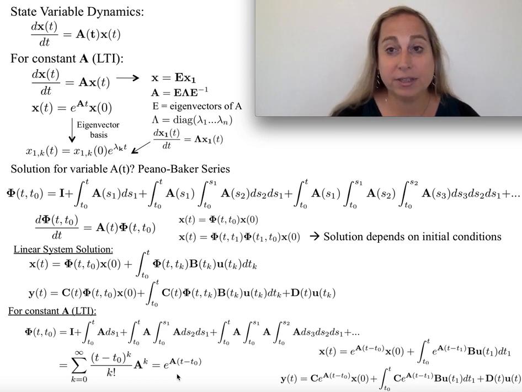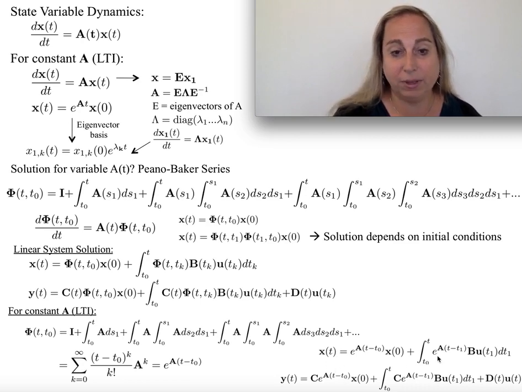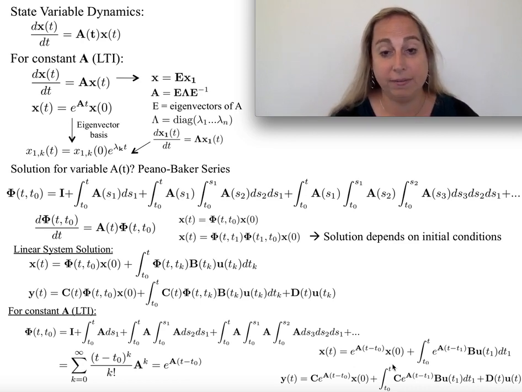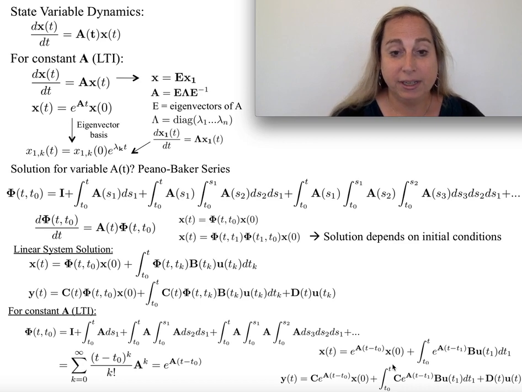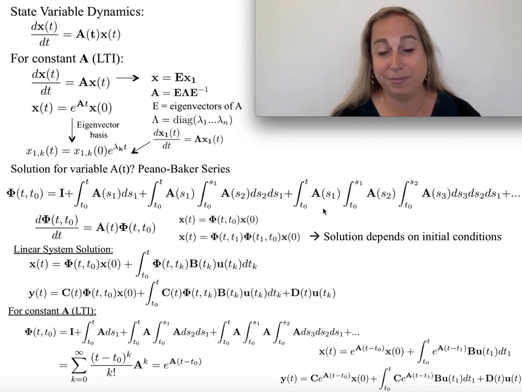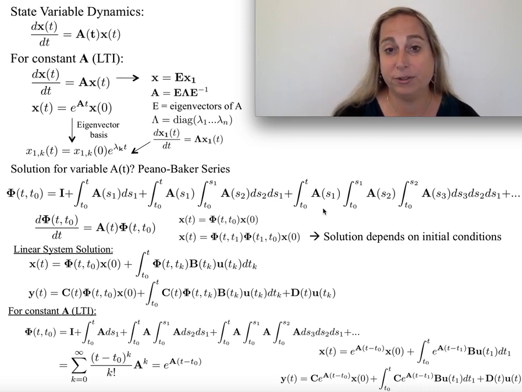So this allows us to build on these ideas. It allows me to still have the same solutions for x of t, which would be my state variable, and y of t, that I would expect would have these various components. And so everything is consistent. This may not be the integral form you want, because it might be complicated, but at least it's enough that you can start to work with it and approximate it.